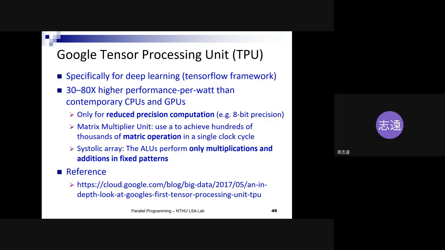And TPU is one of the classic examples and widely used today. This is specialized for deep learning, as we know, because probably 80% of the computation for deep learning applications is doing convolution. So the TPU is specialized just for the convolution operation.